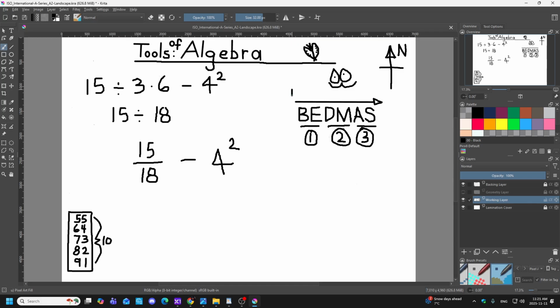Okay, left to right. Going to leave it at that. All right, so it makes a big difference, right?